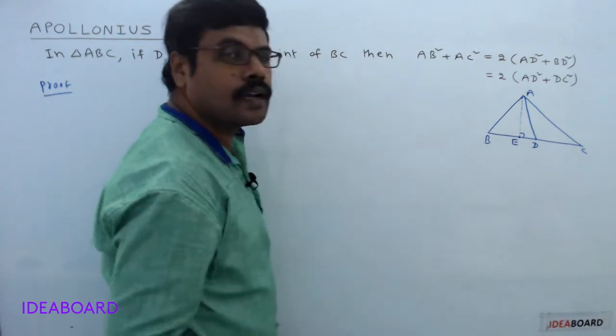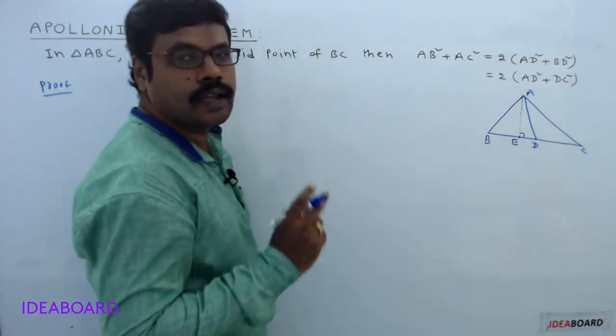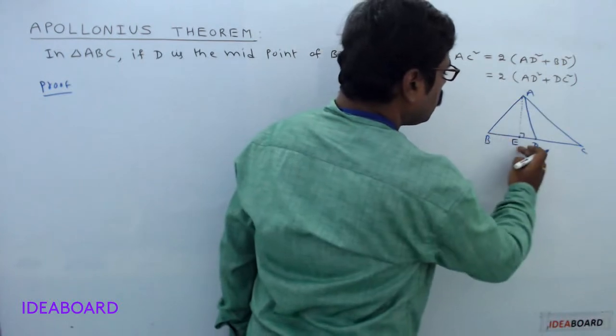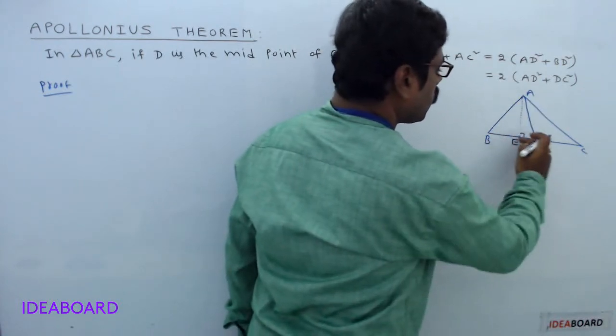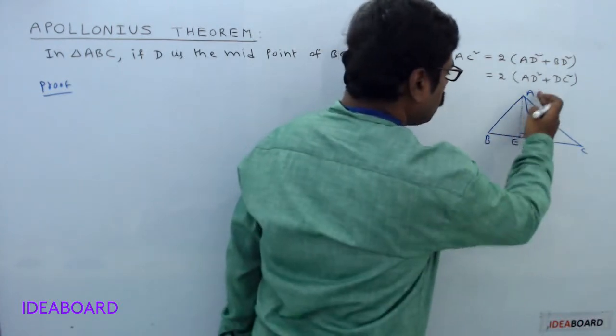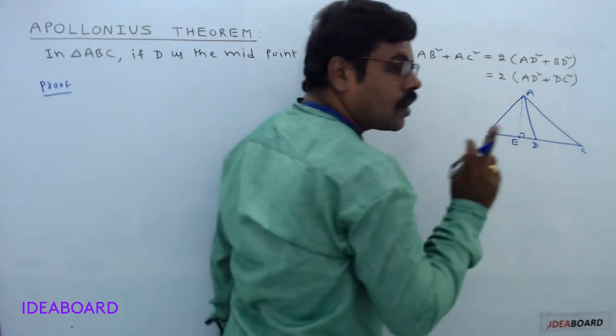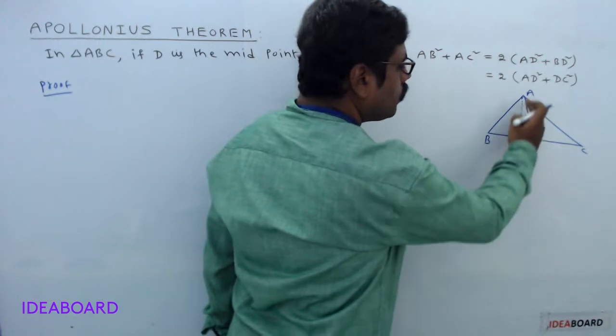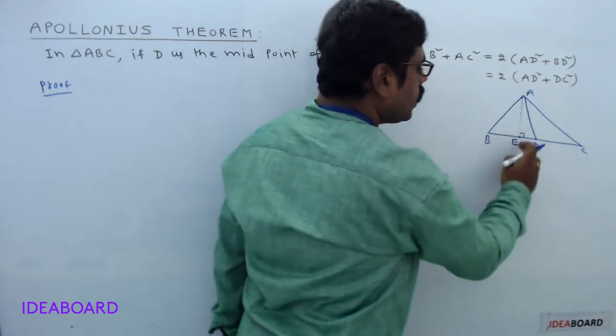Now in this diagram there are two right angle triangles. First one is ABE, and another one is AEC. Now use Pythagoras theorem on the two triangles ABE and AEC.